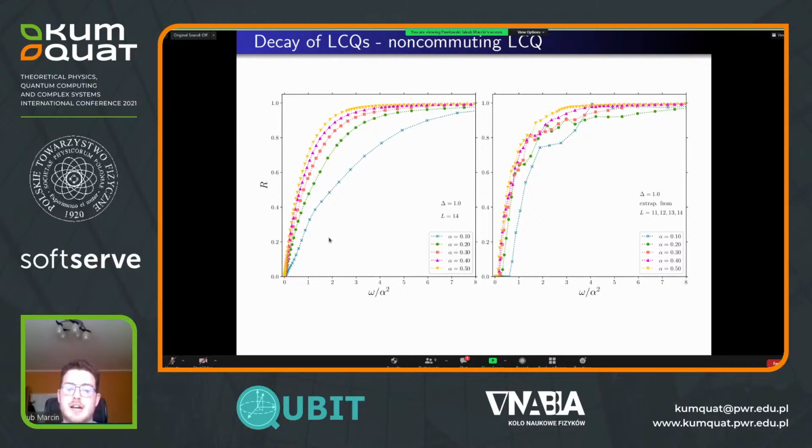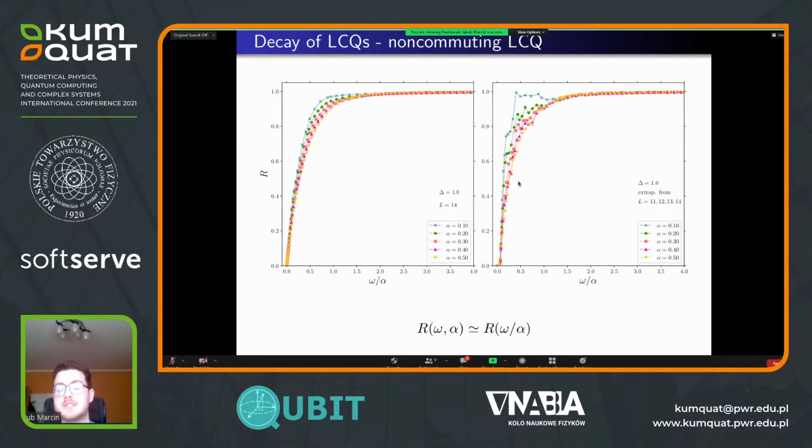The curves do not want to collapse into one. We see that we don't have any arctangent here, and it's probably not an exponential decay. However, we can scale by alpha instead of alpha squared. And now we see that these curves collapse.